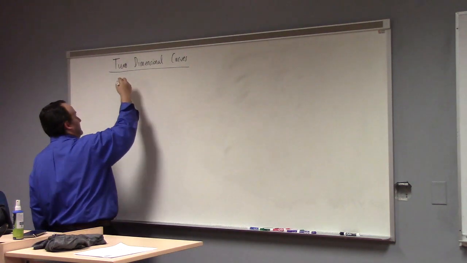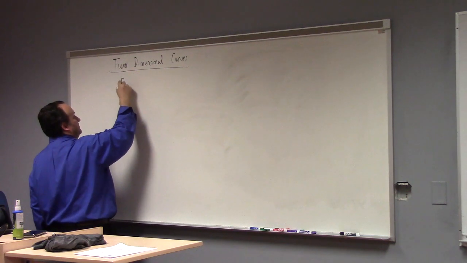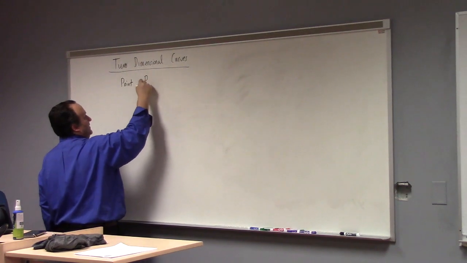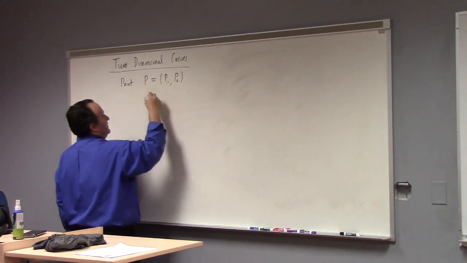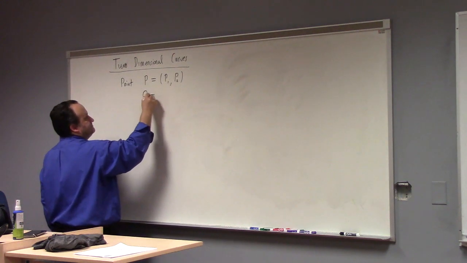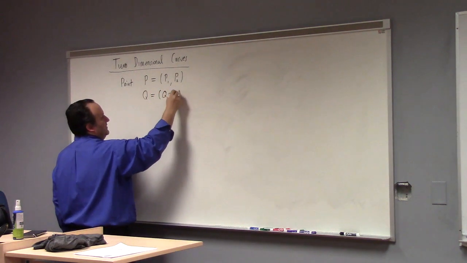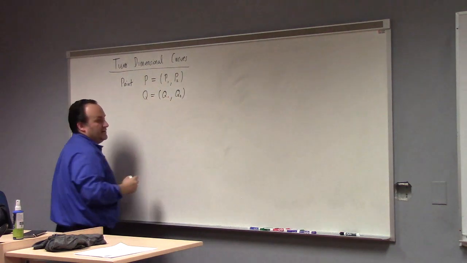And so to start with, I need to talk about points. What's a point? Point P, it's got two things, right? P1 and P2. And you could have a point Q, right? You could have Q1, Q2. So you talk about the x coordinate and the y coordinate.